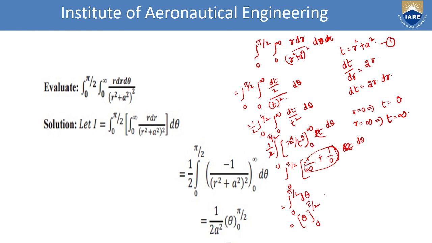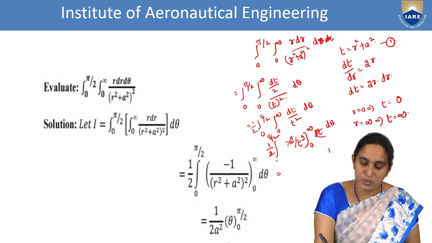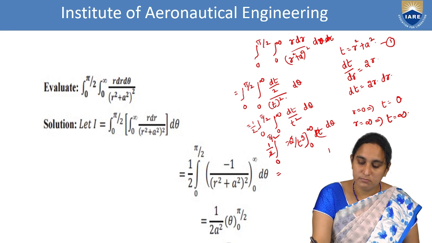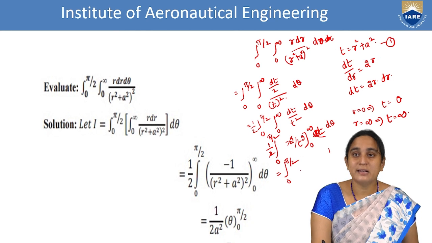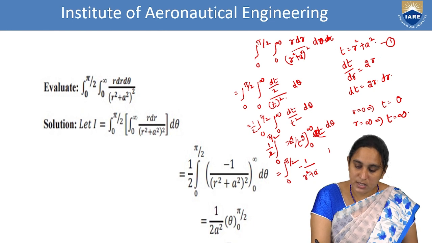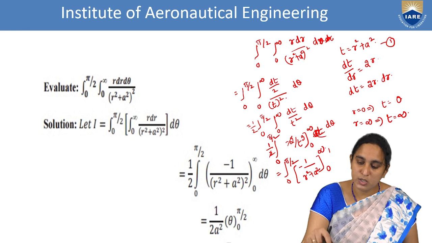The integration of 1 by t square is minus 2 by t cube, 0 to infinite, the 2 cancels, so minus 1 by t, where t is r square plus a square, and the limit points are 0 to infinite.